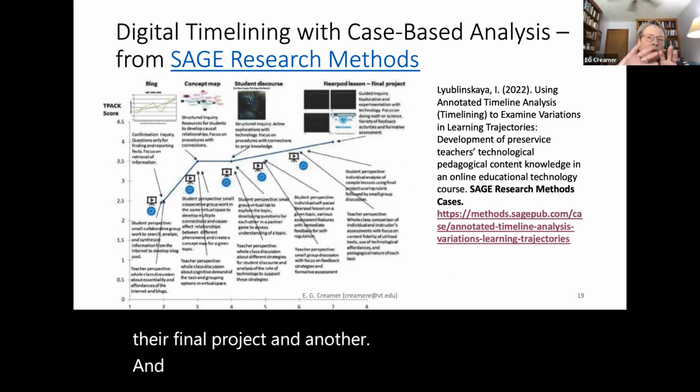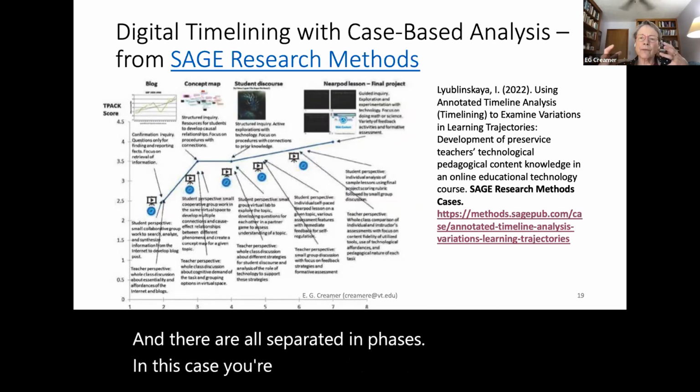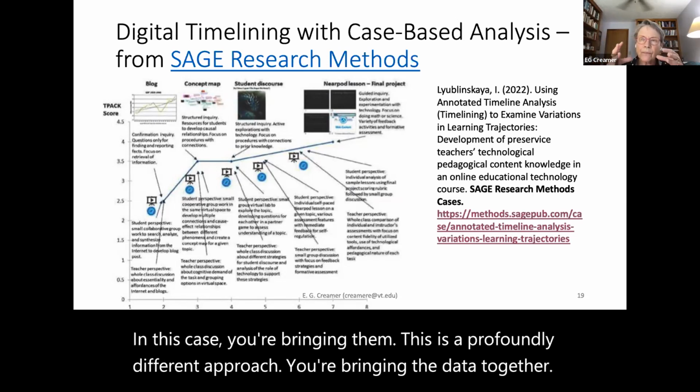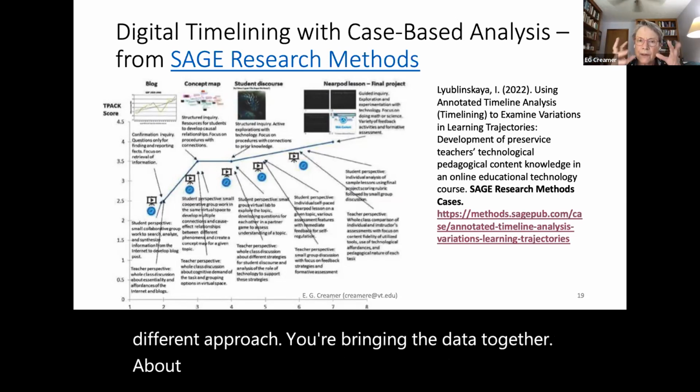And they're all separated in phases. In this case, this is a profoundly different approach. You're bringing the data together about, in this case, a student.